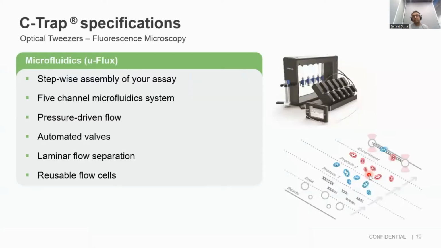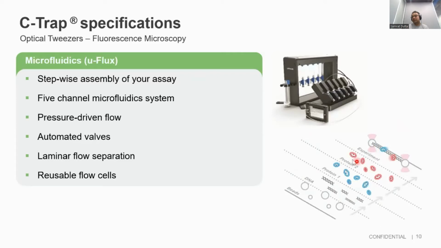The second important unit in the C-trap is the microfluidic unit. We call this unit the U-flux. It has a pressure box, and using this pressure box, pressure can be applied across the microfluidic channel. Here is the microfluidic channel, which has 5 channels, and upon applying pressure, the buffer or sample flows through these different channels in a laminar flow.